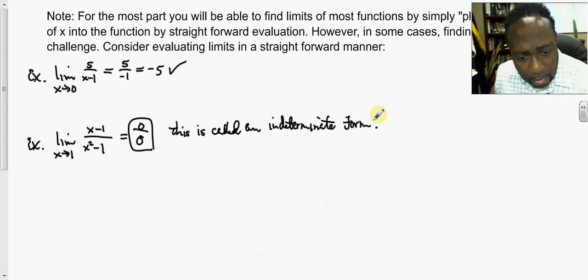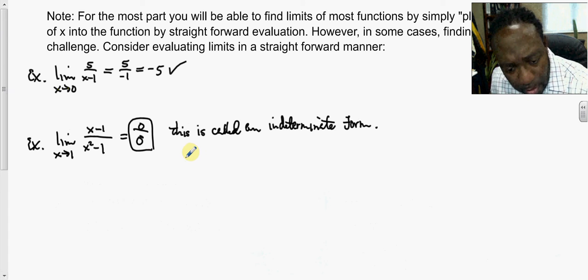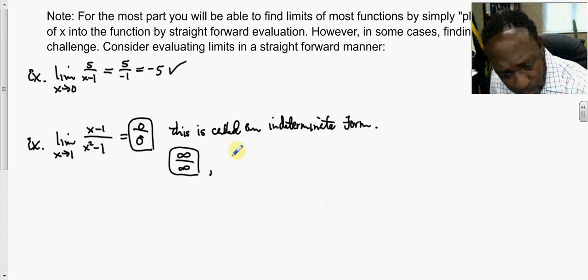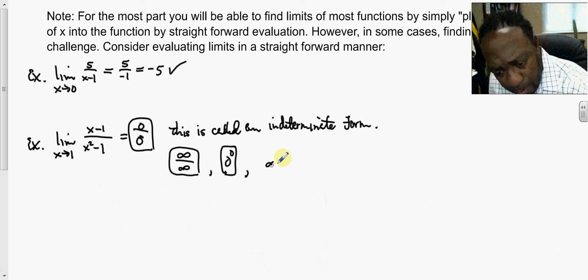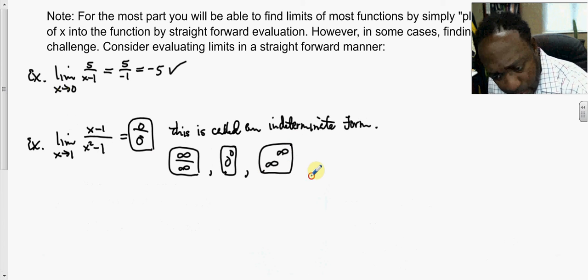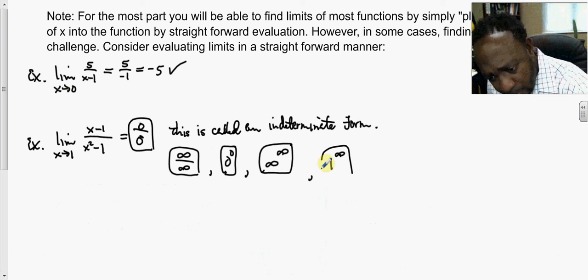There are other indeterminate forms out there. You can have infinity divided by infinity. You can have 0 raised to the 0 power. You can have infinity raised to the infinite power. 1 raised to the infinite power.